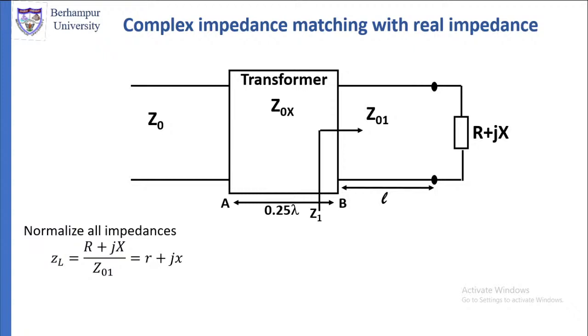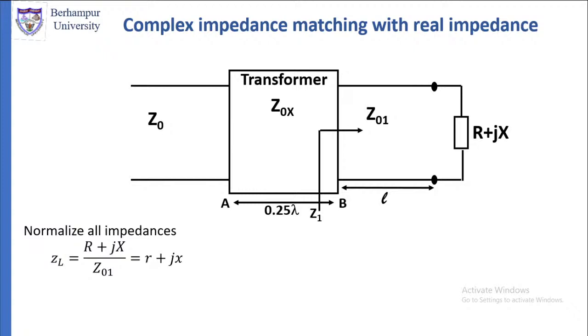Now, today we will extend the knowledge we discussed in the last class. We will investigate whether it is possible to match a complex load, which means the impedance is complex, not purely real, not purely resistive.